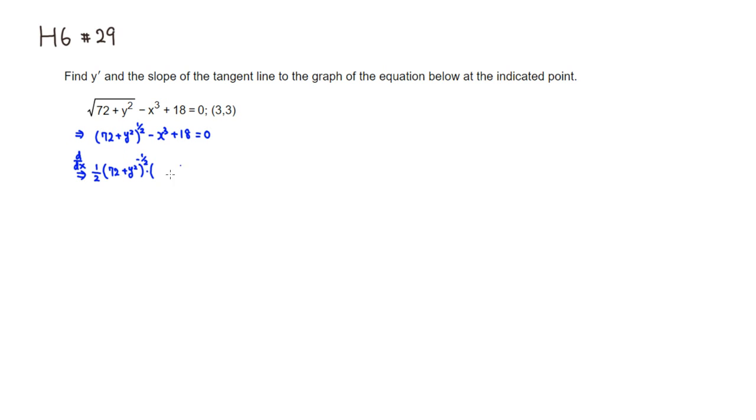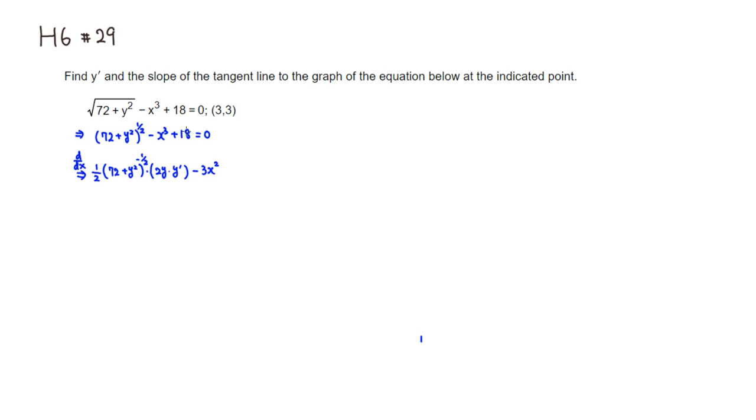This is the chain rule. Derivative of 72 is 0. Derivative of y squared would be 2y, but you have to multiply by the derivative of y, so y prime. Then the next term, derivative of negative x cubed is just a regular derivative, so it's negative 3x squared.